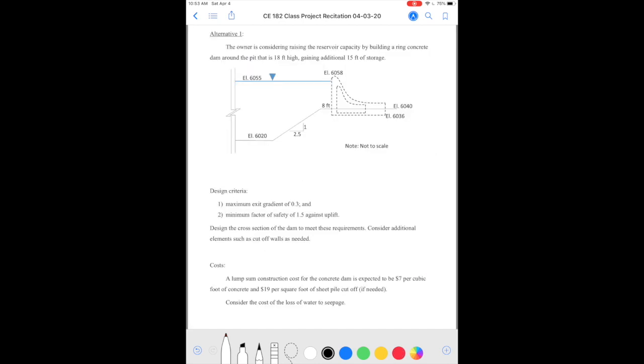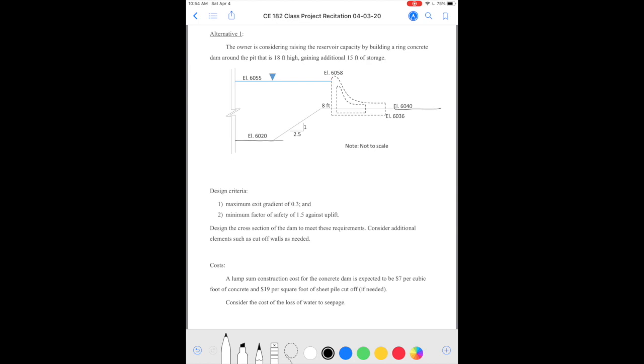So alternative 1 says that the owner is considering raising the reservoir capacity by building a ring concrete dam around the pit that is 18 feet high, gaining additional 15 feet of storage. So, based on the borehole log, we can assume that the bottom of the pit is at elevation 6020, since the top of the ground surface was at elevation 6040, and we know from the borehole log that it is about 20 feet deep.